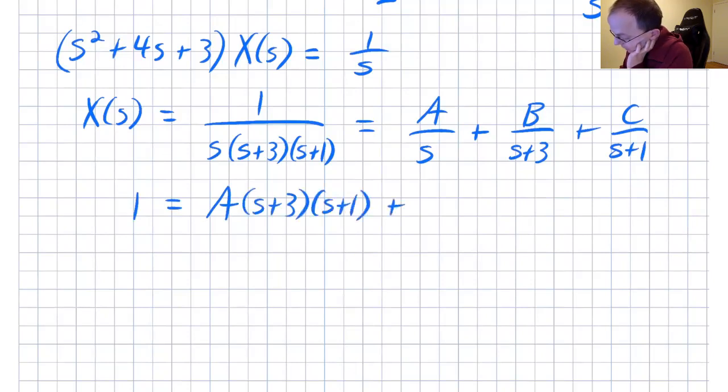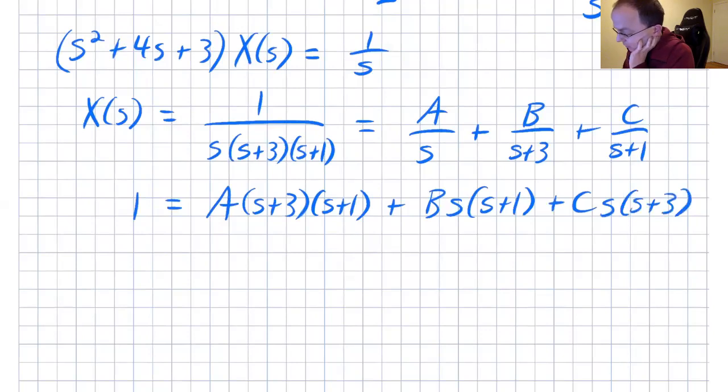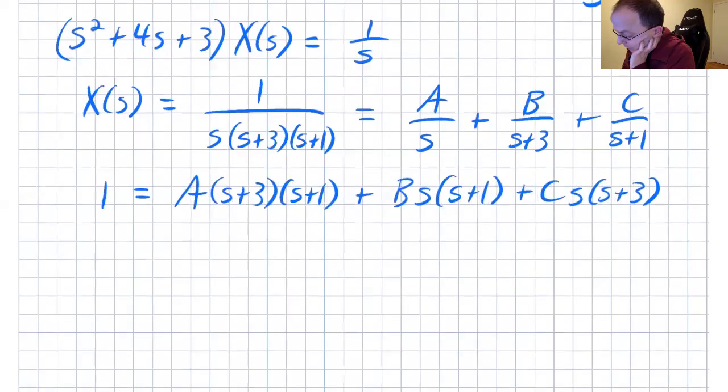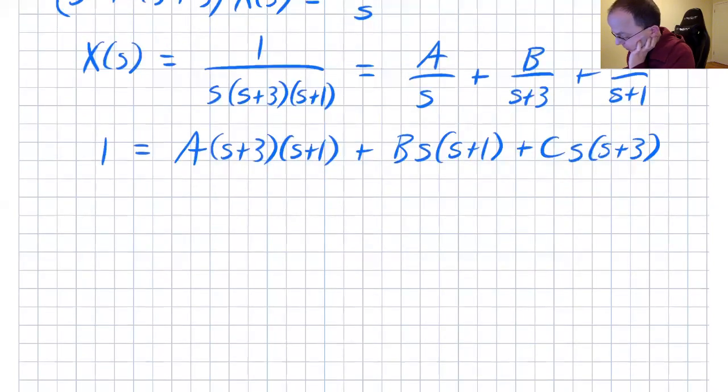Plus B times (s plus 1), because the s plus 3 cancels. Plus C times (s plus 3), because the s plus 1 cancels. So there's our equation.